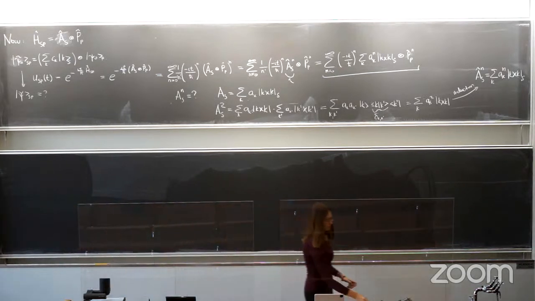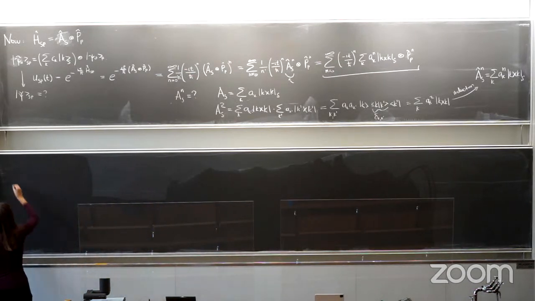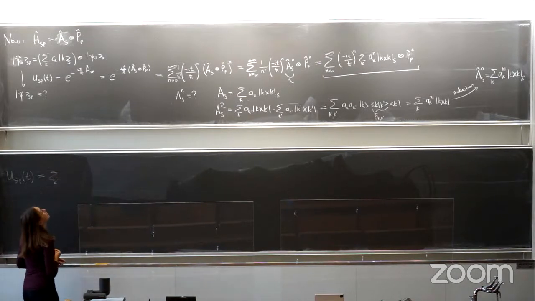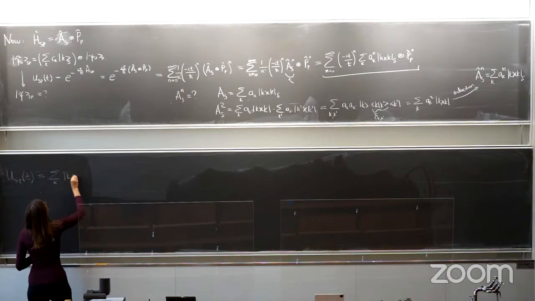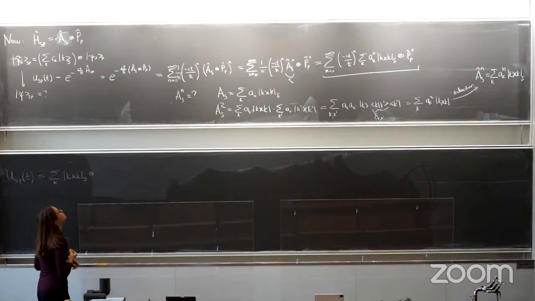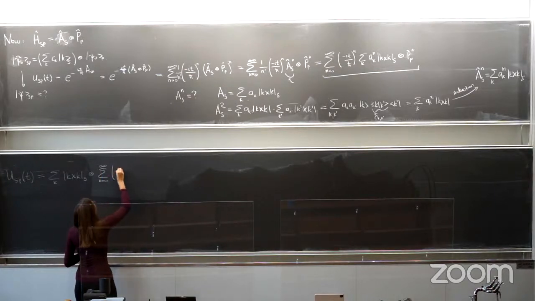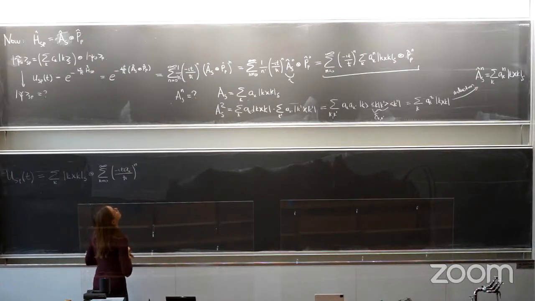So we're continuing our thing there. So write U_S E of t equals sum over k, |k><k| on S, tensor product sum over n, (minus iT a_k over h bar) to the power n, p on P to the power n.